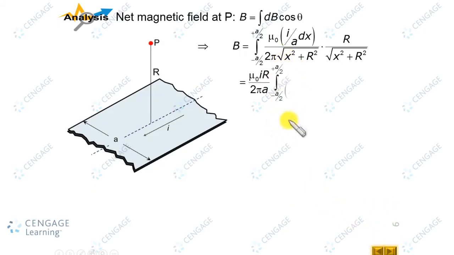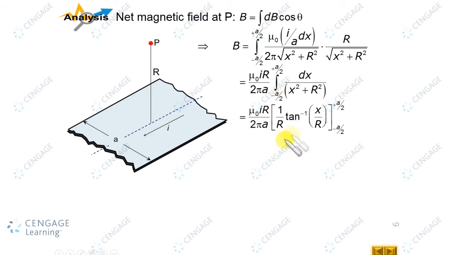So this is the final equation, and we have the standard formula of this type of integral. This is equal to 1 by R tan inverse x divided by R, and the limit is minus a by 2 to a by 2, right? Now we can put the limits. This is the final result, right?